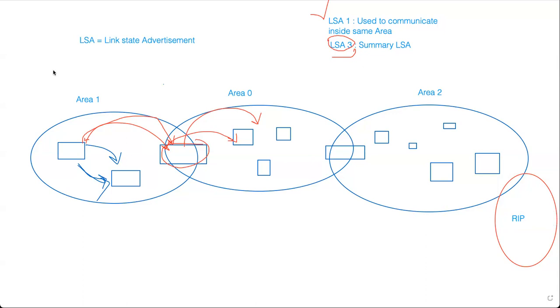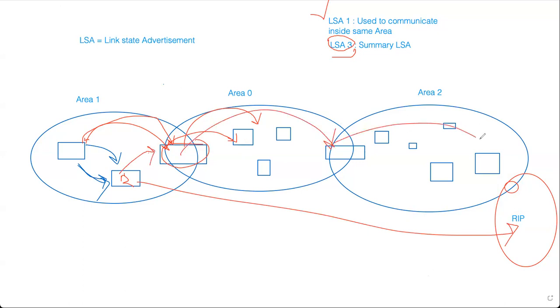So let's say there is another router running protocol RIP. And if my router wants to communicate with this router, it has to go to the ASBR, and the ASBR should talk to the other router, and that one should send to the RIP. But how will I know that this route is an external routing protocol outside of OSPF?